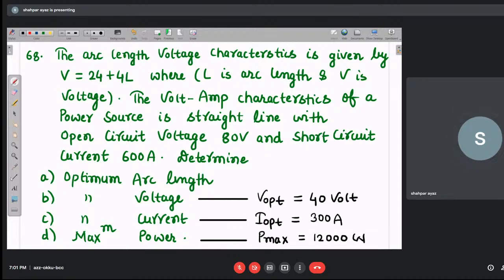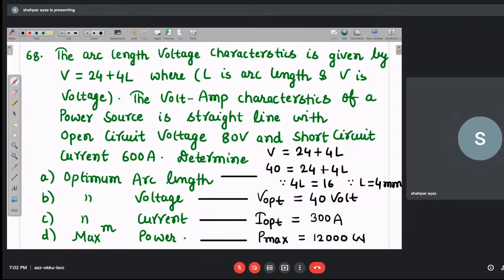V is equal to 20 plus 4L. The answer is 4 mm, 40 volt, 300. This is the right answer.